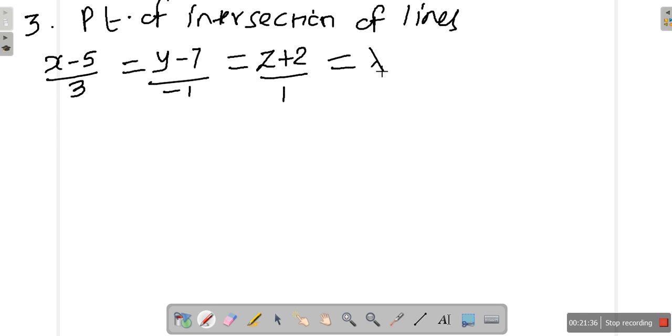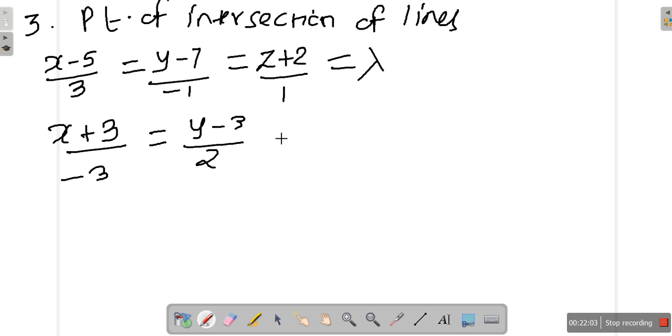Let me take the parameter as lambda. The second line is, sorry, let us take this as mu.